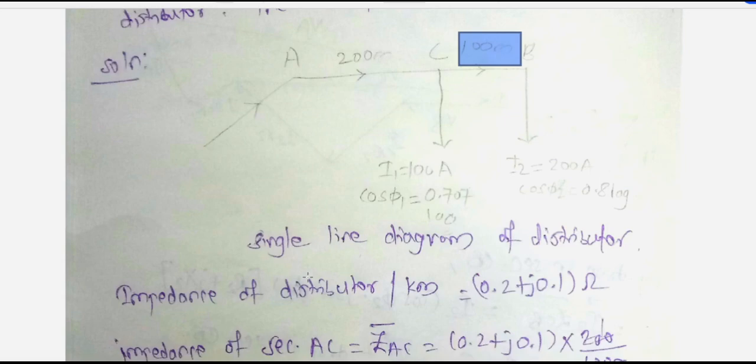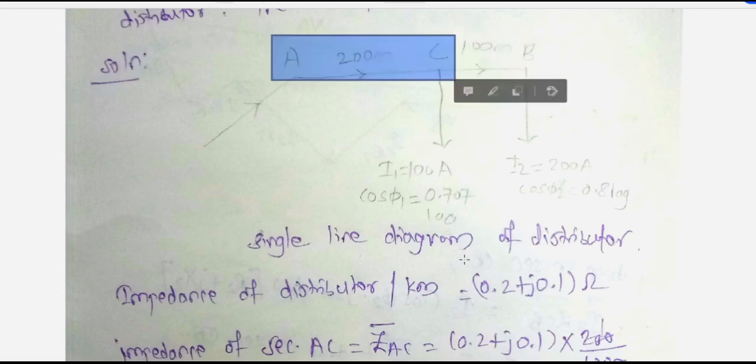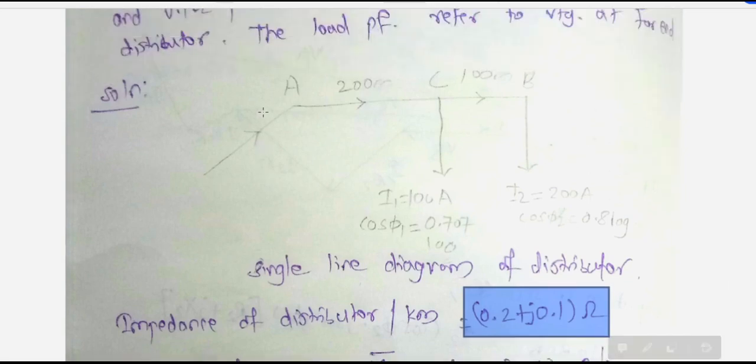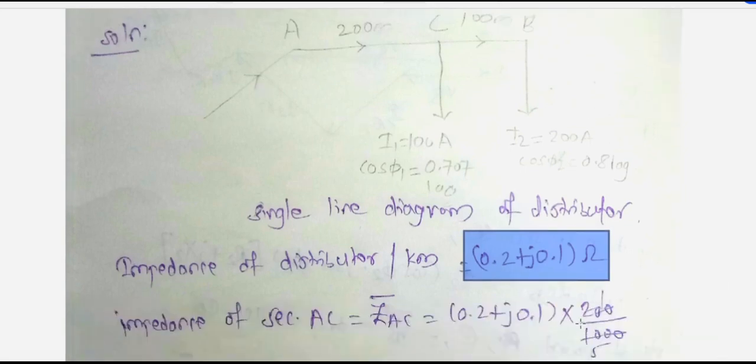We are interested in the impedance of the distributor. So 0.2 plus j times 0.1 ohm. Impedance of the section AC we can calculate with the help of ZAC. This Z into 200 divided by 1000 per kilometer.